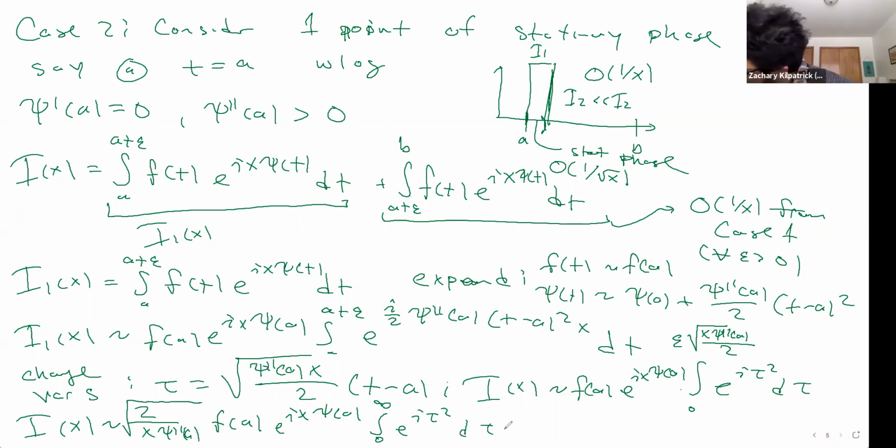I think I might have forgotten this leading order term here. Yeah, I forgot to include this over here, 2 over x phi double prime of a. Sorry about that.